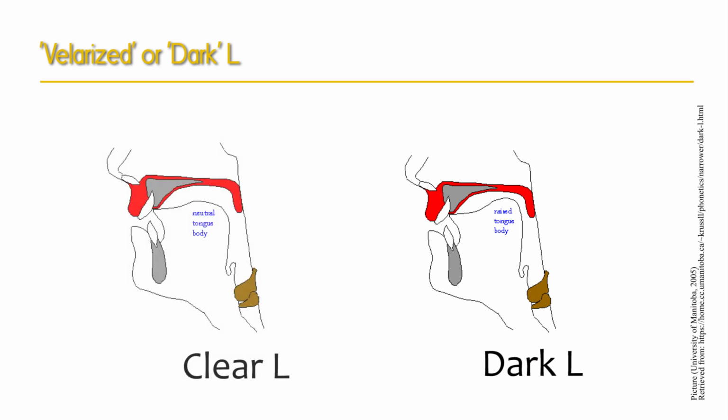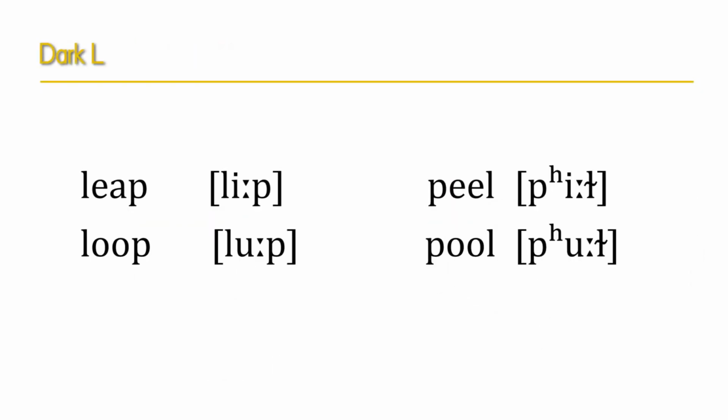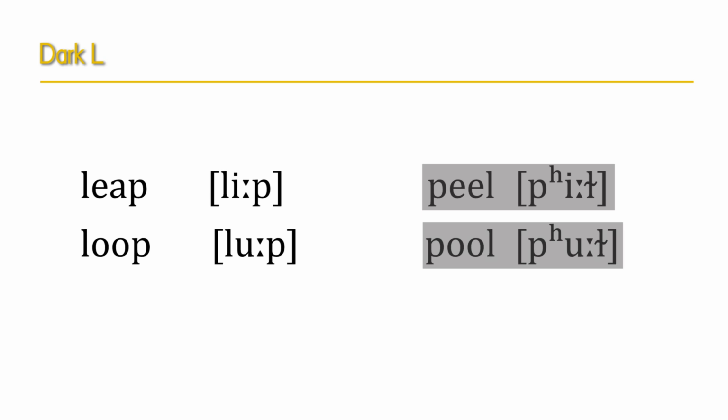This is a clear L, this is a dark L. The tongue body is raised towards the velum; it approximates, it's not touching, and it's not like a fricative, there's more distance, but it is raised. So if you say leap, this is your clear L. But if you say peel or pool, this would be your dark L. It's velarized. Now we know how to produce a dark L.